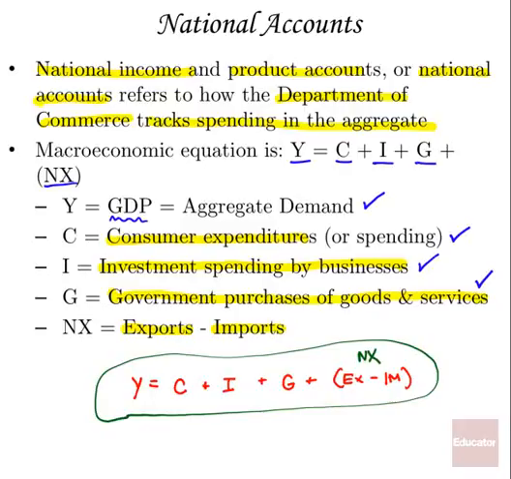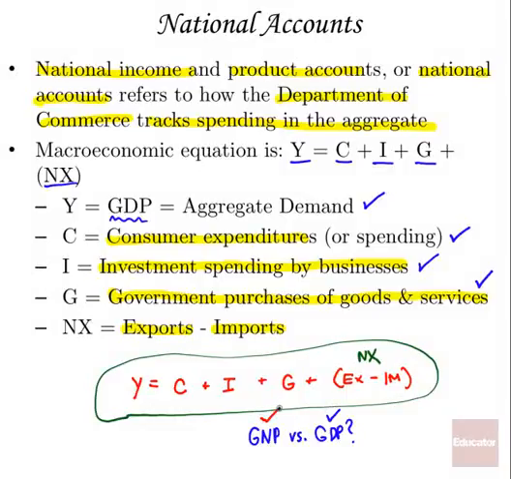Now, one thing I do want to mention here is sometimes you're going to get GNP versus GDP. So what is the difference here? Whereas with GDP, the place of origin matters, so the definition of GDP is the value of all goods and services produced within a country's borders.